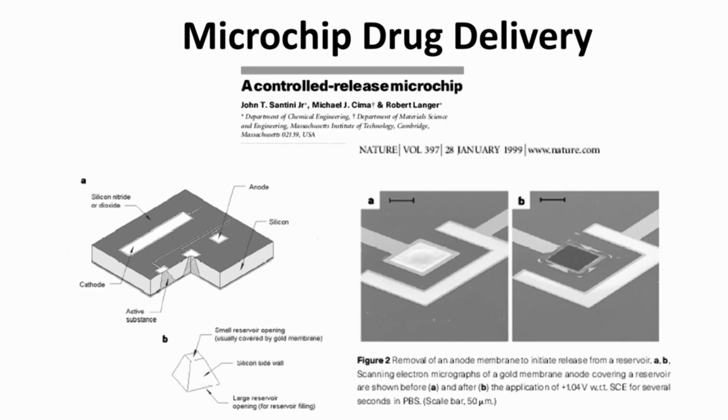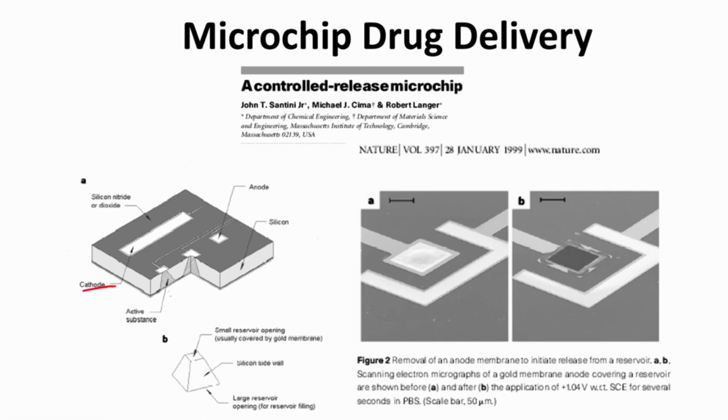Here is another example. This is microchip delivery, which is some fancier system. This is not an erodible system or a matrix system. In this case, this is still in the research phase, but what the authors have done is synthesize a reservoir type with very thin silicon and a very thin cathode, which could be made of any metal.